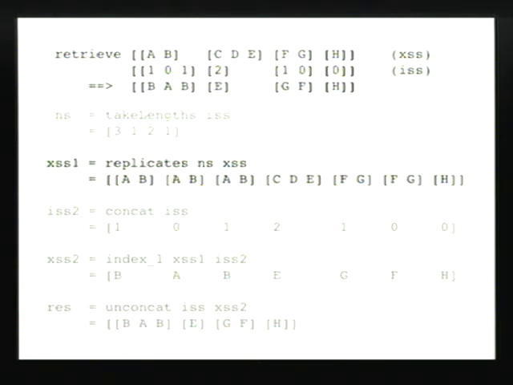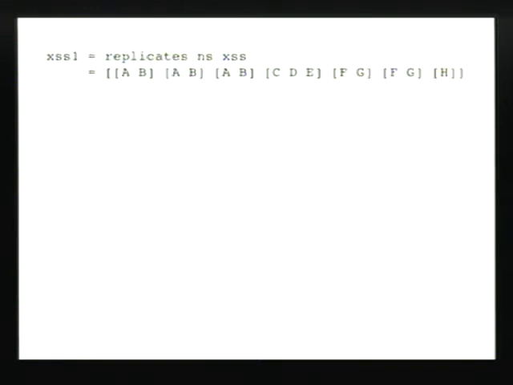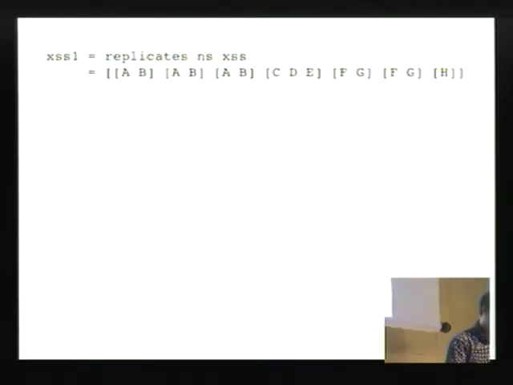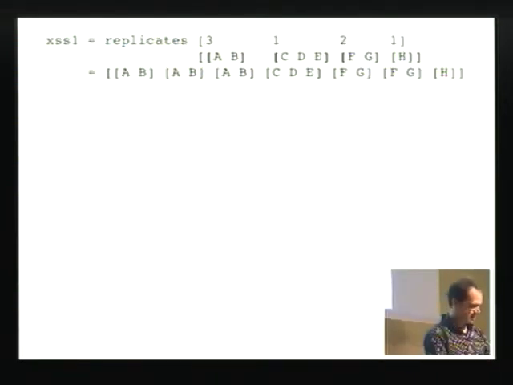So this replicates function essentially expresses the sharing between the XSS table, so the AB, and the way I've applied it to every element in ISS. So move that up there, and then expand out the example code I was using.